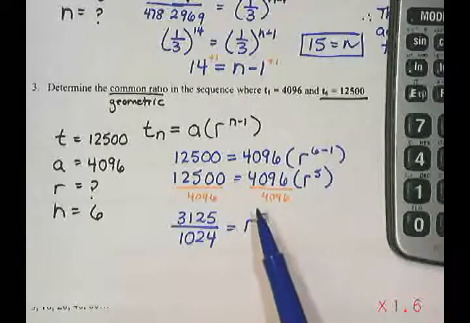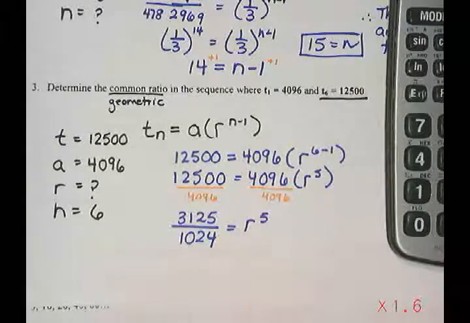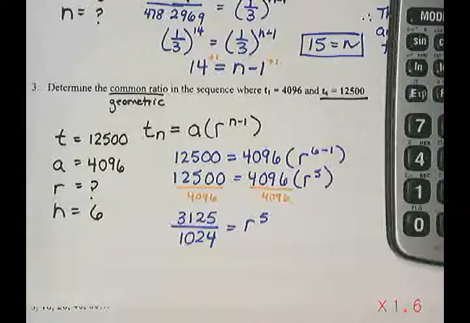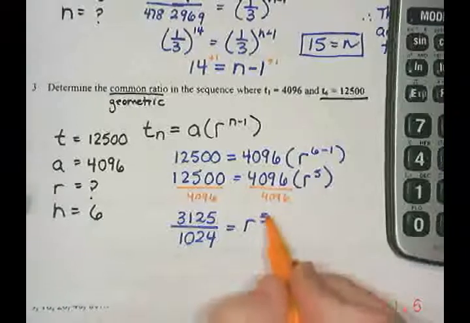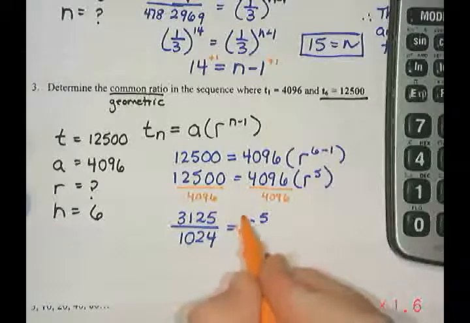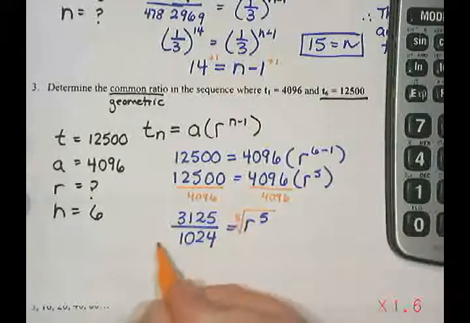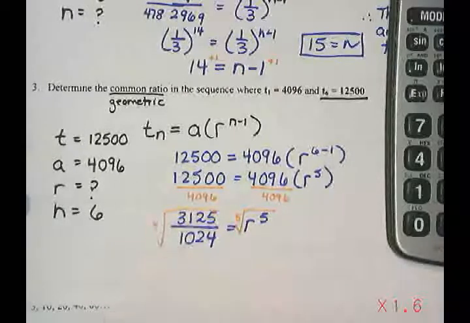Now, to get rid of an exponent, the opposite operation of an exponent is a root. So the opposite of a square is a square root. The opposite of a power of 5 is going to be a fifth root. Now, we learned about that in our last unit as well.